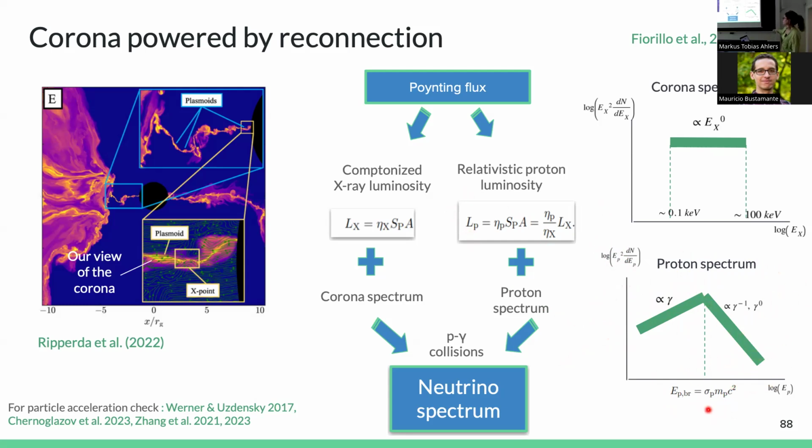So this characteristic energy is related to how strong the magnetization is in that corona. Higher magnetization, which means higher energy density in the magnetic fields, means that the protons on average will gain higher energy, and thereby this value scales with sigma_p, which is the magnetization. But this is the key free parameter, which is coming from the microphysics of the corona that we don't really know.